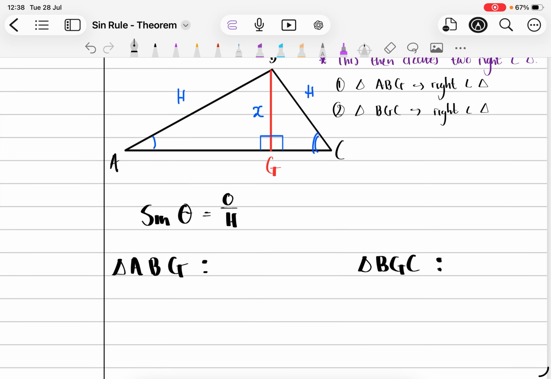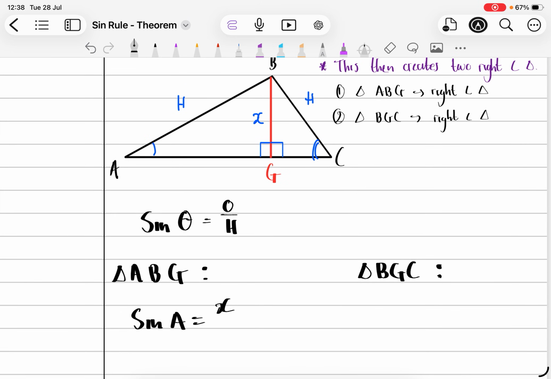In this case, sine A is equal to, my opposite side is X, my hypotenuse is AB. And on this side, I want the same application of sine C, which is equal to X over BC.